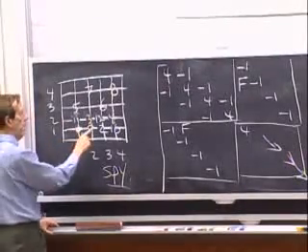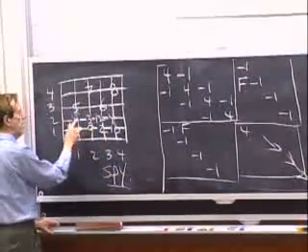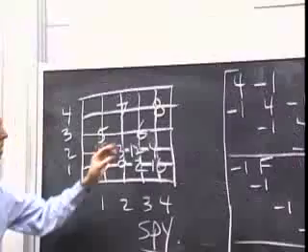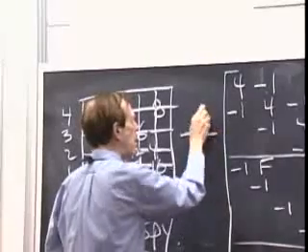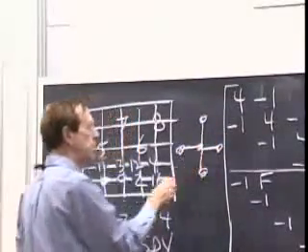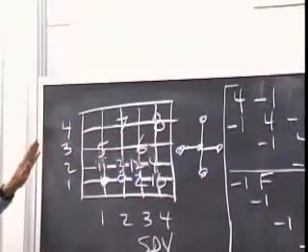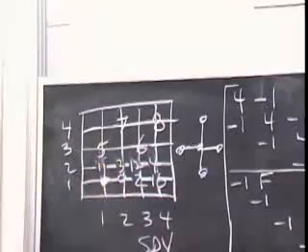The black ones have numbers from 9 to 16. So everybody sees it: with this molecule that has a 4 in the center and -1s beside it, those -1s are associated with nodes of the opposite color. And that's what we see here in the actual numbering.